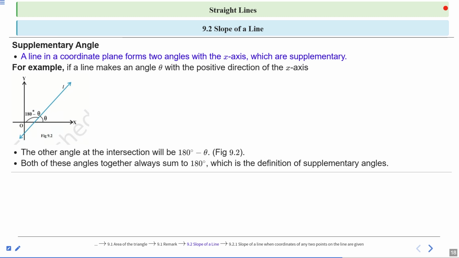So both these angles together always sum to 180 degrees, which is the definition of supplementary angles. Keep this point in mind.